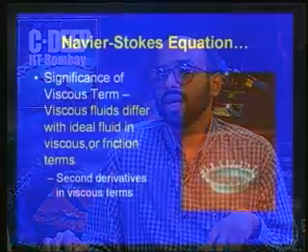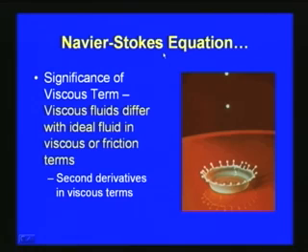Depending upon the fluid which we consider, the viscosity will change. A viscous fluid differs from the ideal fluid, or the potential flow, which has no viscous or friction terms, and the equation has the second derivatives of viscous terms. If the fluid is more viscous, this effect will be much higher, there will be more resistance to the flow, and hence deceleration takes place.